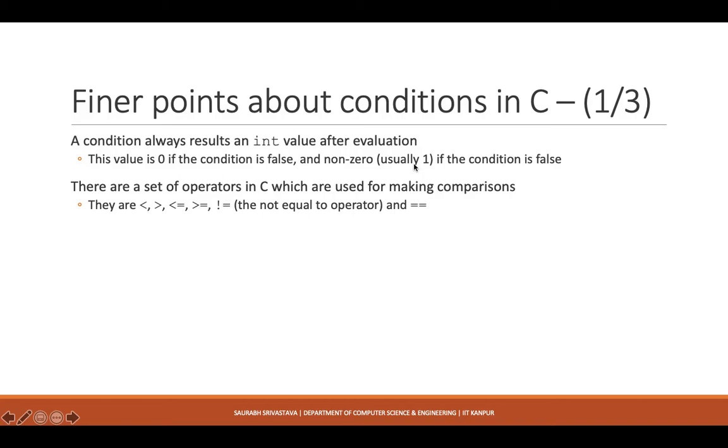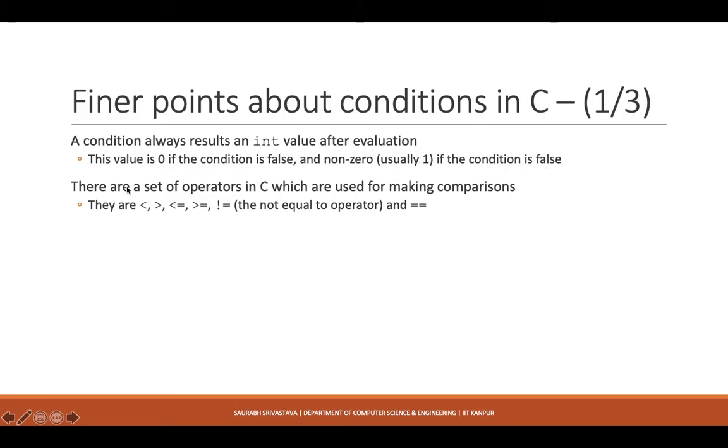So when you evaluate a condition, if the returned value is 0, the condition is false, and if it is non-zero, it is true. When I say non-zero, usually it is 1. Sorry, I'll change the slides. This is true. So if the value is 0, it is false, and if the condition is true, then the value is usually 1.